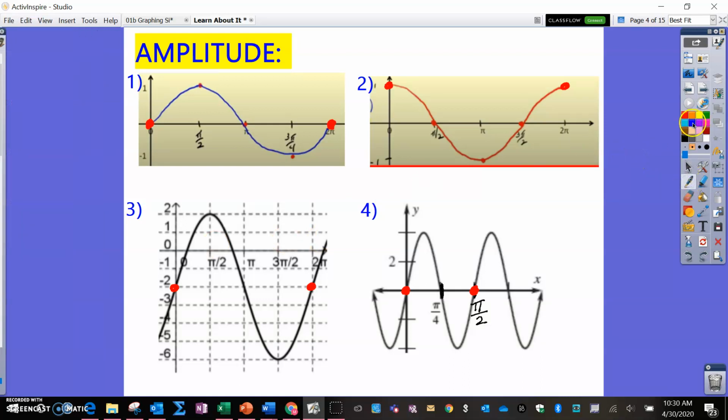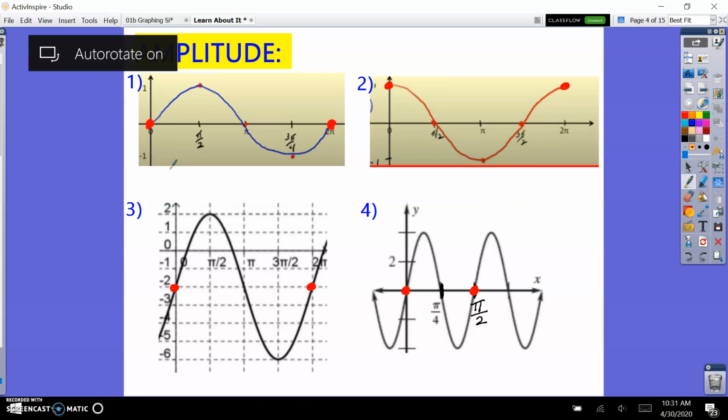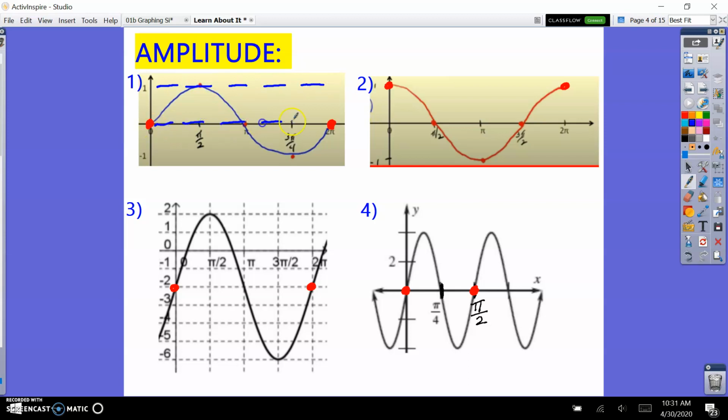So we are finding the amplitude. Amplitude, again, is your absolute value of A. As we are looking through, we are trying to determine how tall the graph is from the center, or how short, and it's the same thing. This is all the way up at 1 and its horizontal center is at 0, that means that our amplitude is 1.